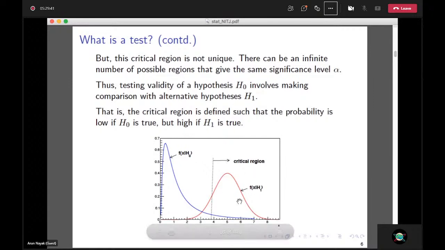Okay, so the alternative hypothesis is say H1. Then you can define this critical region in such a way that the probability for H0 to be true is low, while the probability for H1 to be true is high. That is how you can define such a critical region.